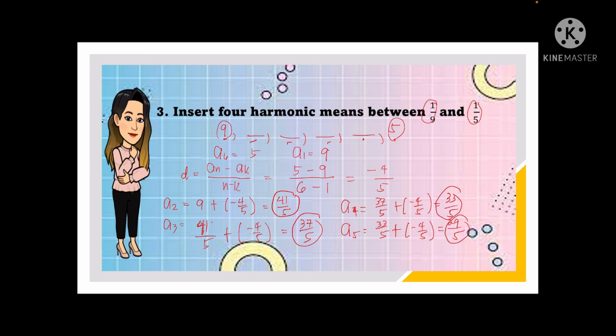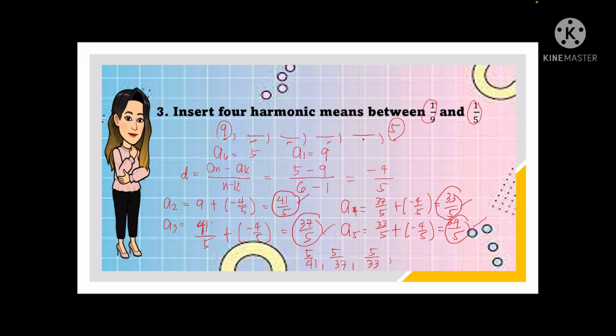Now, since we are talking about harmonic, we will just get the reciprocal of these four terms. 41 over 5, that will be 5 over 41. And then 37 over 5, that is 5 over 37. And then 33 over 5, the reciprocal of that is 5 over 33.